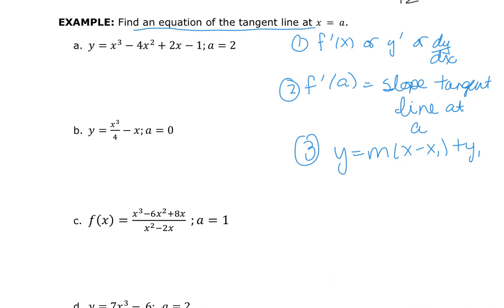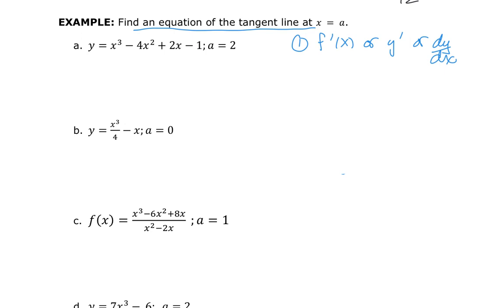Well, what we found from number 2 is your slope. That's your slope. And then the x1, which I erased there, that's a. Well, how do we find y1? Well, that's f of a. So that's all you have to do, and you will be able to find the equation of your tangent line.